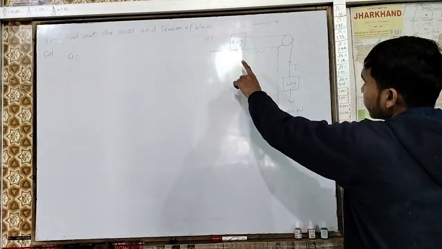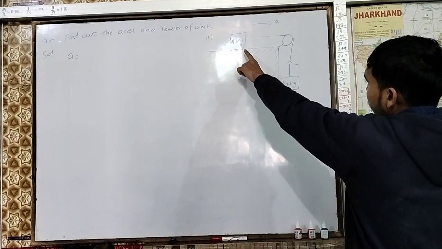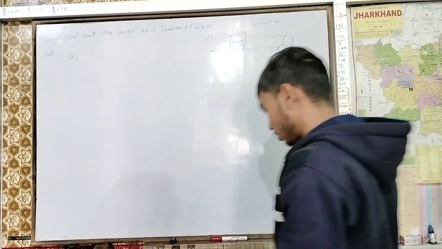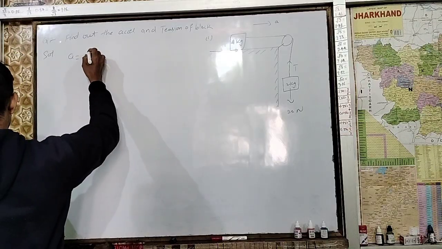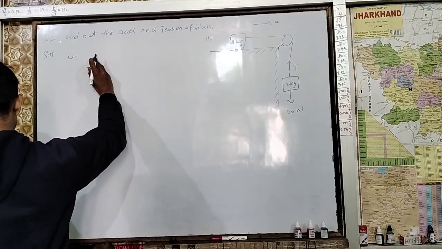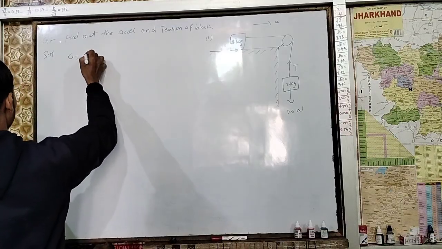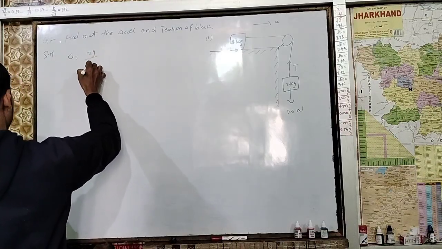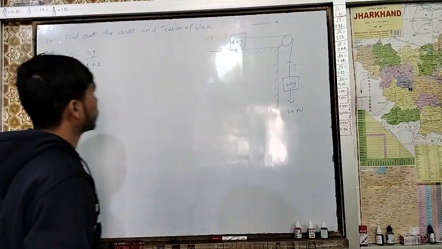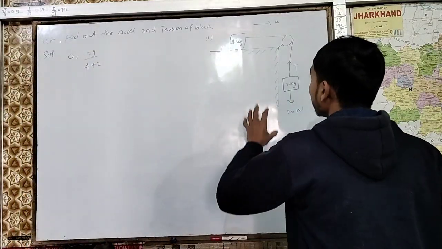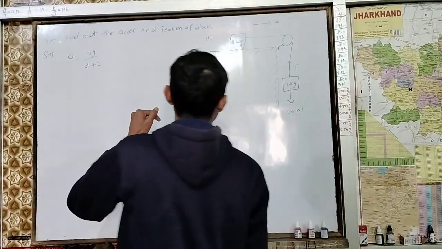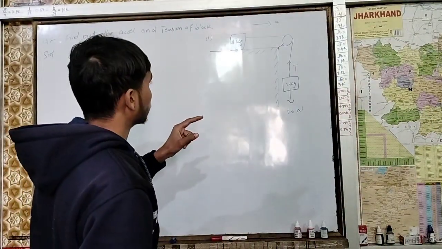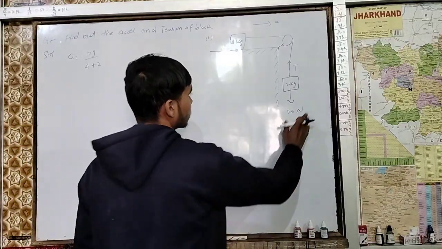So over here answer would be A is equal to 2Z upon 4 plus 2. Complete, look at over here. Complete mass is how much? 4 plus 2. Complete force is how much? Answer would be, this was mg.